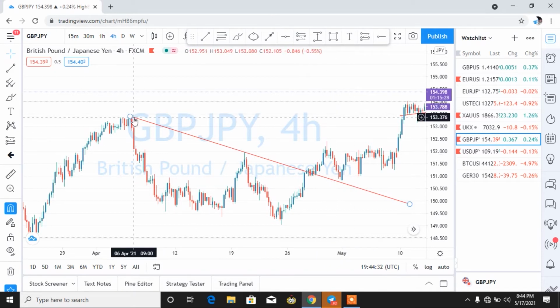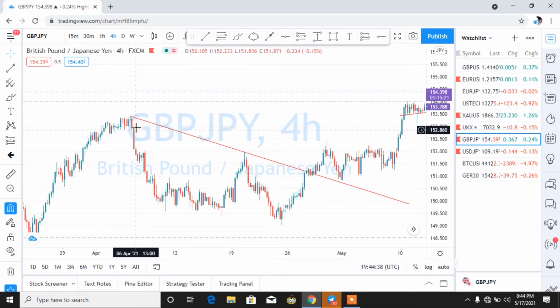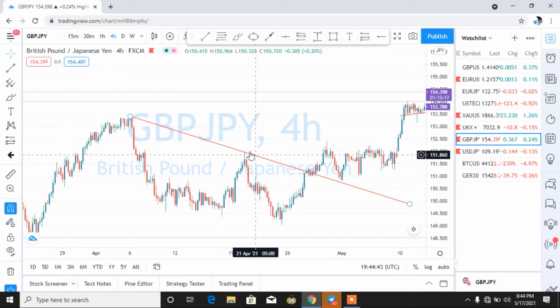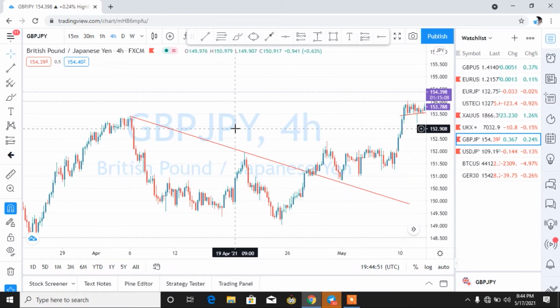So we have first touch here, second touch, and again third touch and fourth touch. So this trend line is now acting as a dynamic resistance level here, here, and here. It's acting as a dynamic support level. So it's easy. You just have to connect two highs or two lows and gather as much information as possible.